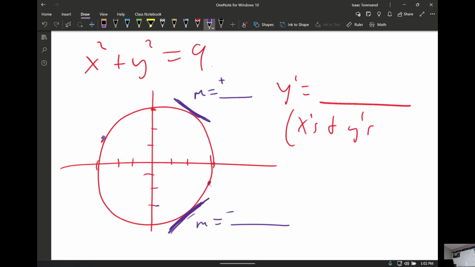So that's the derivative of 2x. And the derivative of 3 natural log of y is 3 times 1 over y. The derivative of natural log of something is going to be 1 over the something.